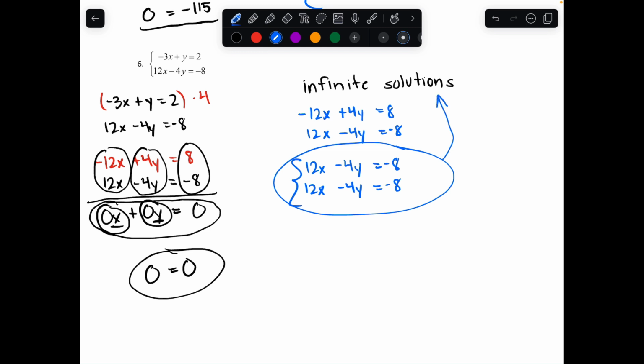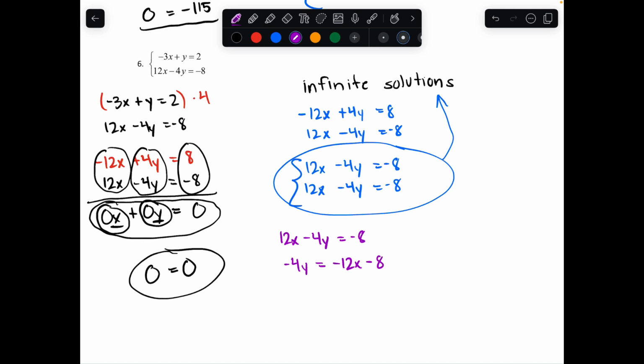Now, how do I actually represent infinite solutions? Well, we have an equation here, 12x minus 4y is equal to negative 8. How do we normally represent an equation? We get it to look like y equals stuff. So let's do that here. So I have 12x minus 4y is equal to negative 8. Now I'm going to get y equals stuff. So I'm going to subtract 12x over. So I'll have negative 4y is equal to negative 12x minus 8. Now I'm going to divide by negative 4.